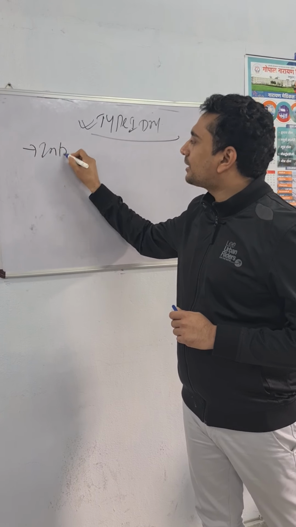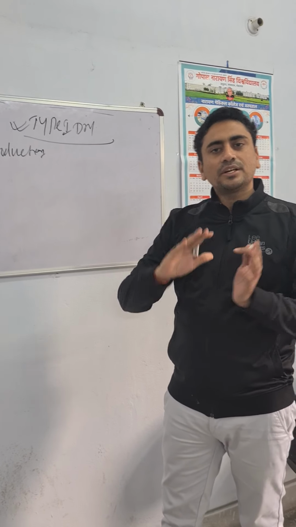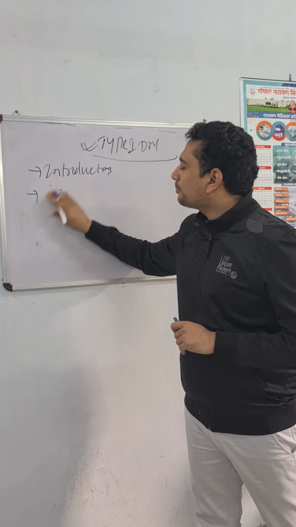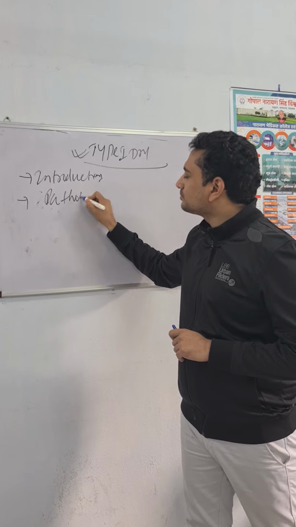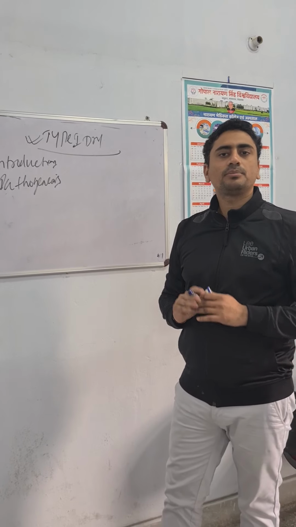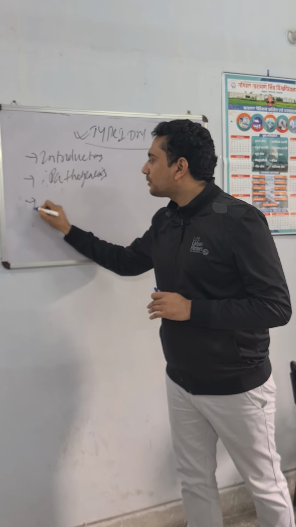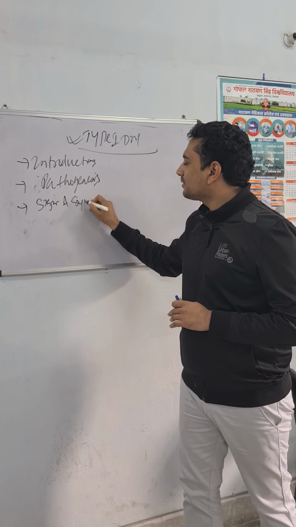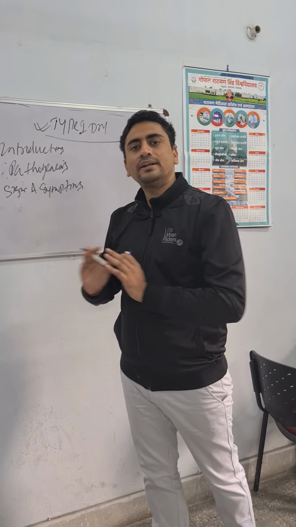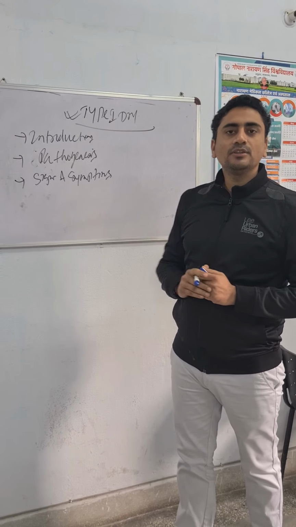We will study the introduction, where we will see the major key points related to type 1 diabetes. Then I will talk about the pathogenesis part: why type 1 diabetes happens and what the basis of type 1 diabetes is. Then I will talk about the signs and symptoms, how you identify diabetes and what major signs and symptoms we see in a type 1 diabetes mellitus patient.